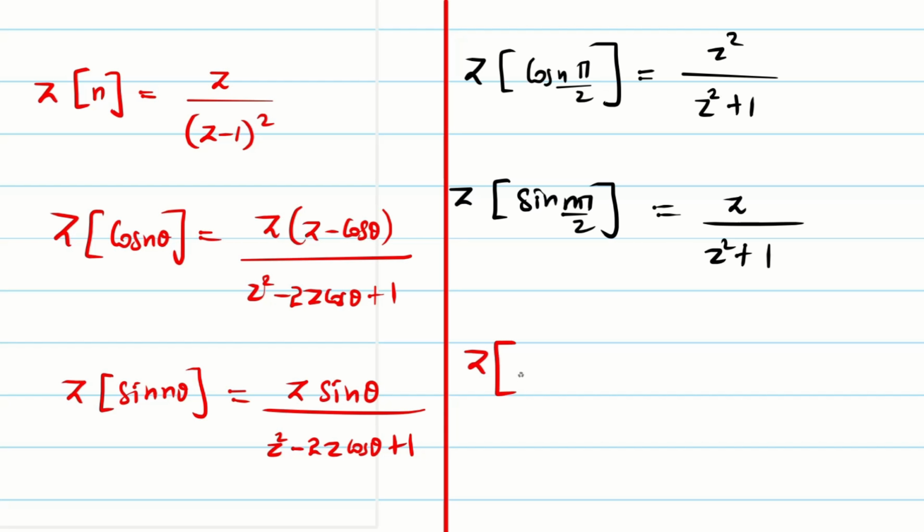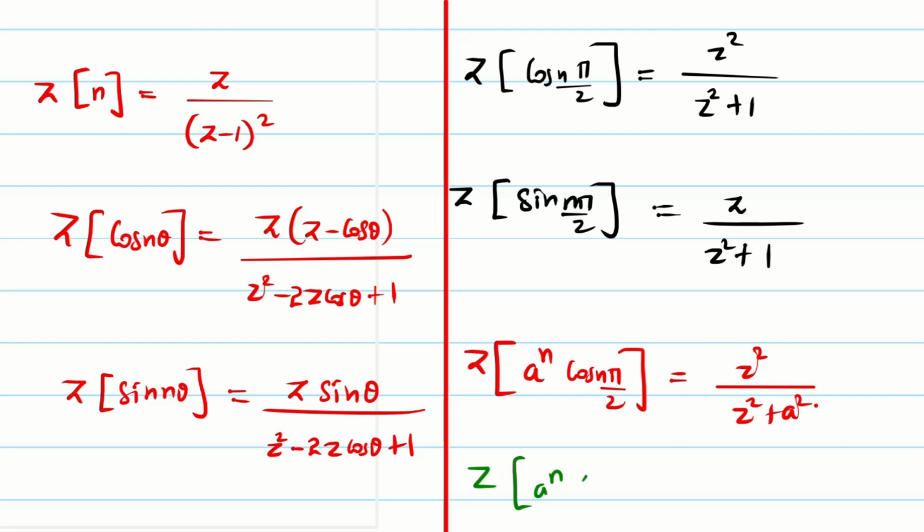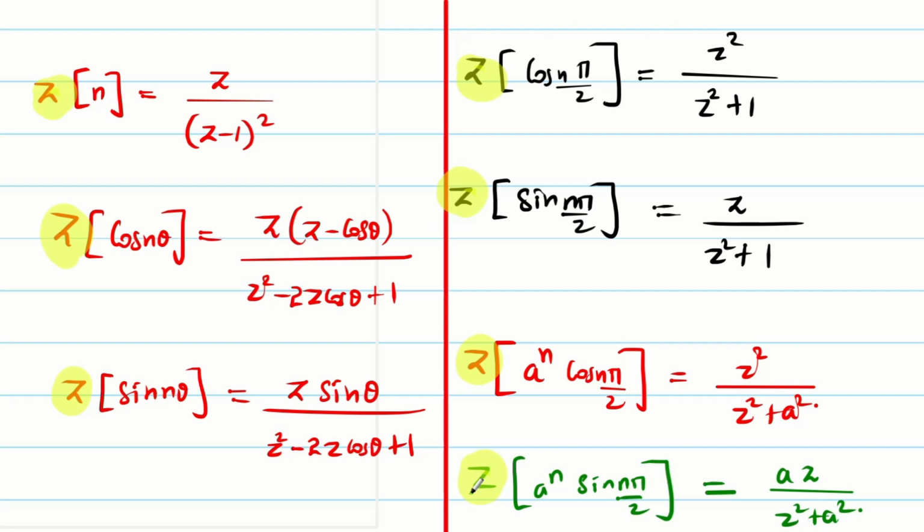Similarly, if you have Z of a power n into cos n pi by 2, then we will be getting z square divided by z square plus a square. If it is Z of a power n sin n pi by 2, it is going to be az divided by z square plus a square. And very important, students, the left hand side is the operator. It should be capital Z. The right hand side, whatever answer we are getting, is a small z.